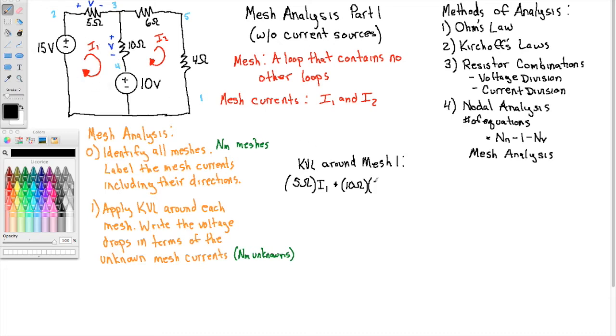So I1 is with me. It's in the direction that I'm going, from positive to negative. But I2 is circling clockwise as well, and in this shared branch, I2 is going up against me. So I'm going to write the current in this 10 ohm resistor as I1 minus I2.